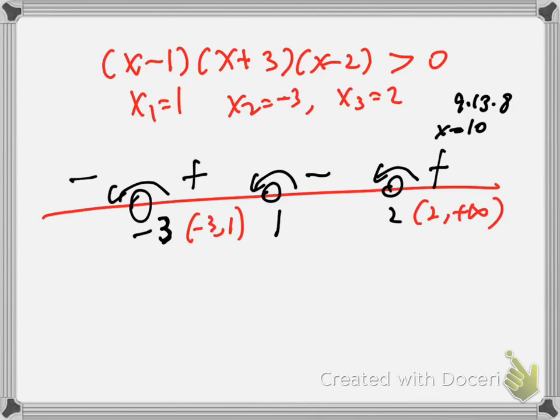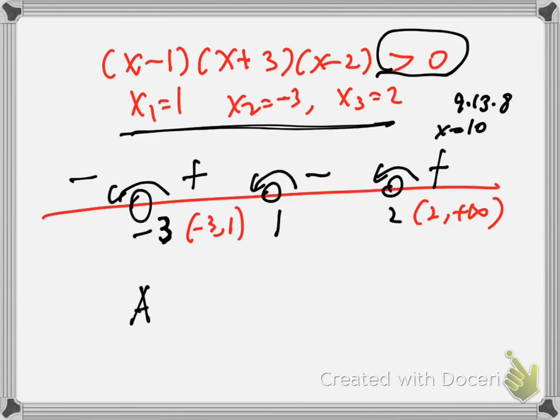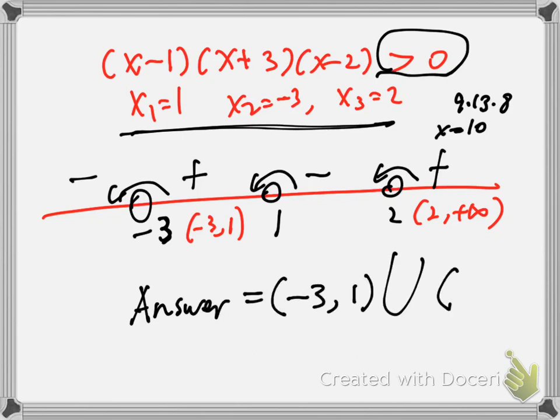And because this is a strict inequality, they're all open. You don't have to check the endpoint, because these 3 numbers make the product equal to 0. So answer is open -3 to 1, union, open 2 to positive infinity. In your exam, you can put infinity or positive infinity.